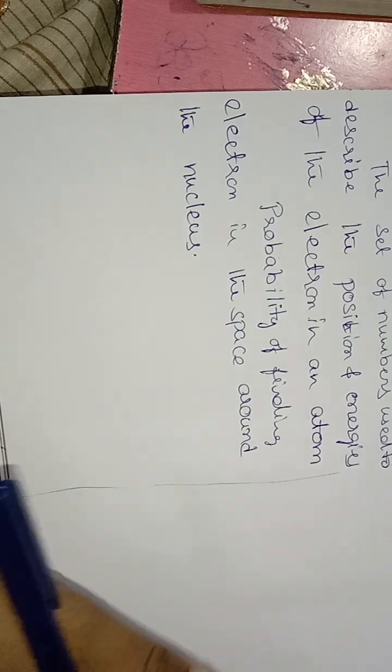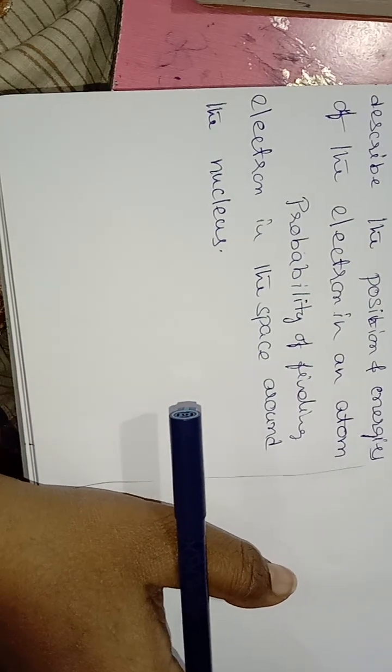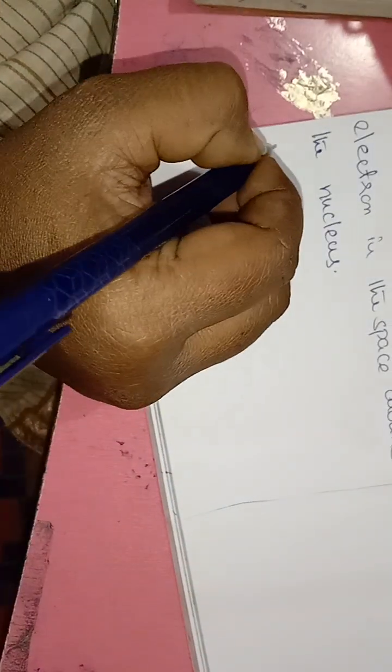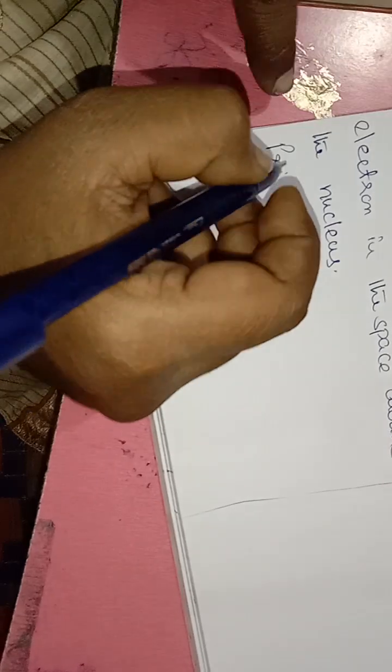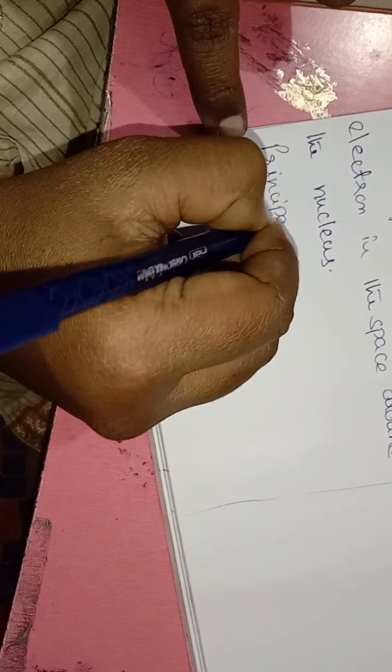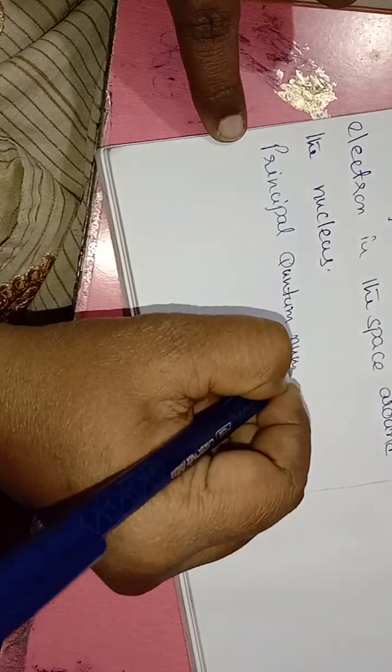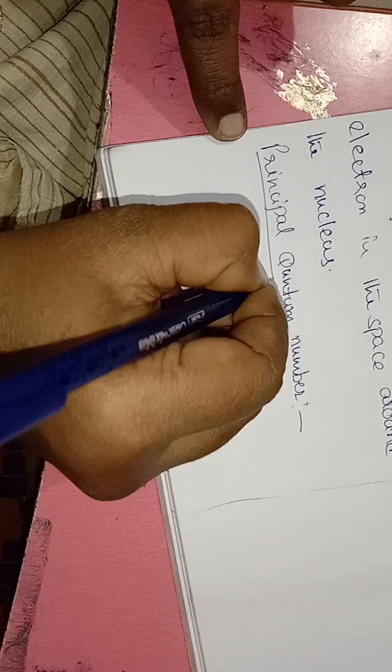So here we have 4 quantum numbers, right? First one is the principal quantum number. We will directly go to the principal quantum number.